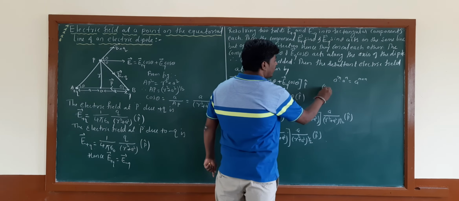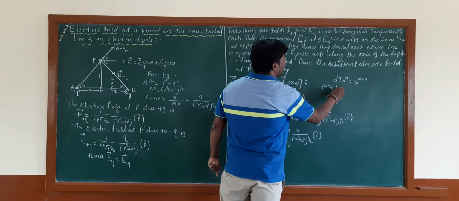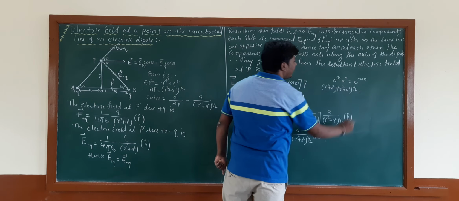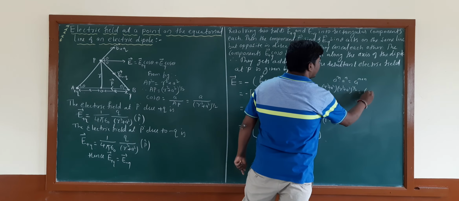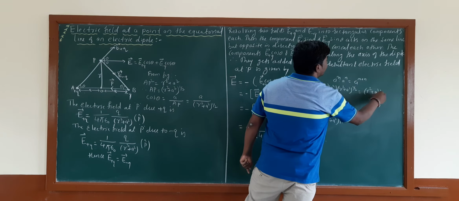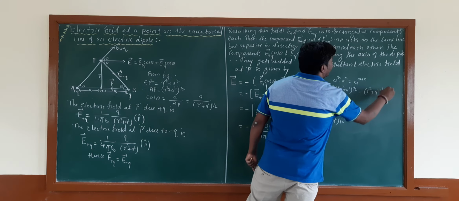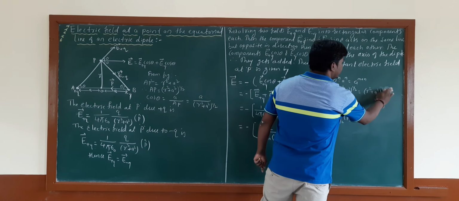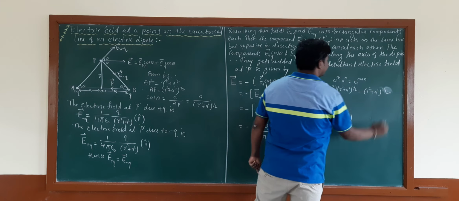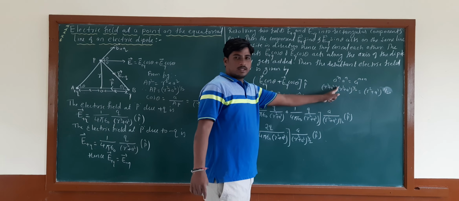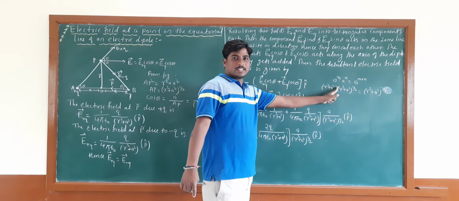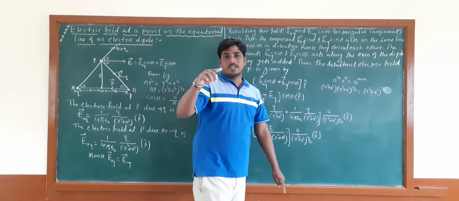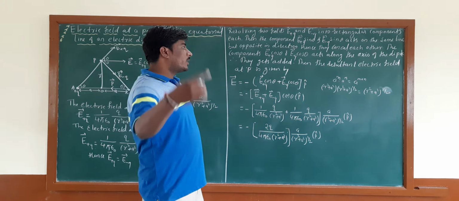What we have here is R square plus A square into R square plus A square raised to 1 by 2. It is nothing but R square plus A square raised to 1 plus 1 by 2, which is 3 by 2. This is A raised to m into A raised to n, you get m plus n.